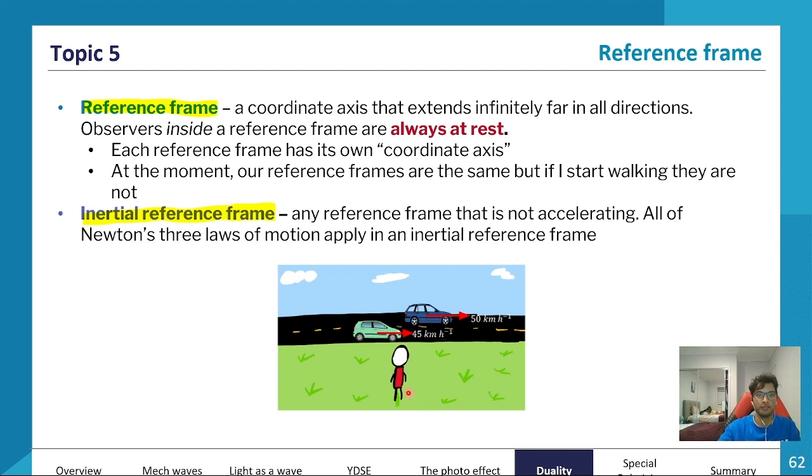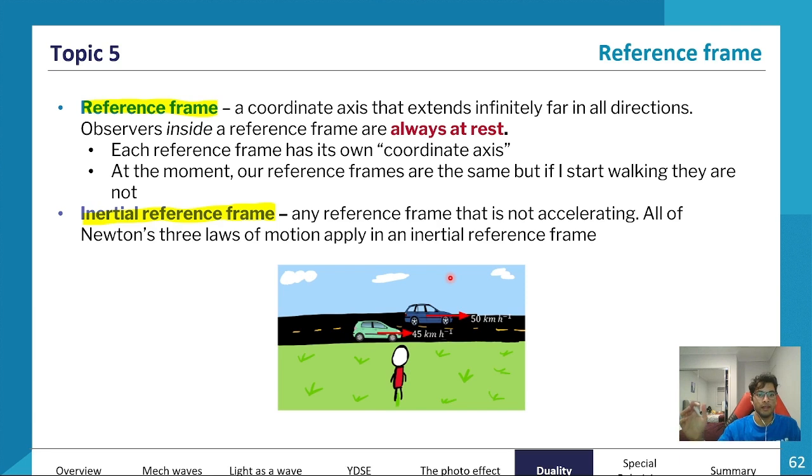So this person on the ground has his own reference frame. This green car over here has its own reference frame, and this blue car has its own reference frame. The thing is, from your perspective on the ground, the green car is traveling at 45 kilometers an hour, and the blue car is traveling at 50. That makes perfect sense. But from the green car's frame of reference, the blue car is only traveling at 5 kilometers an hour.